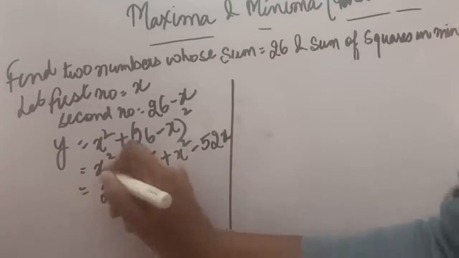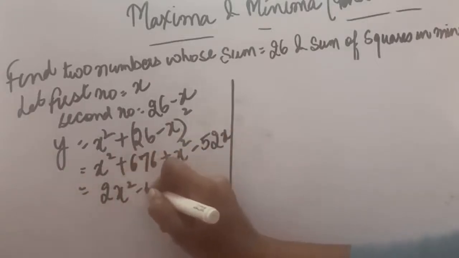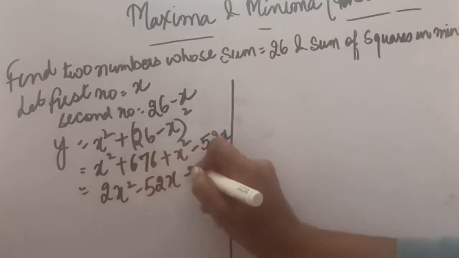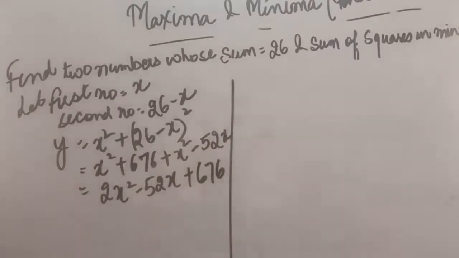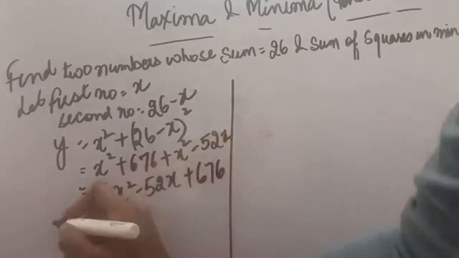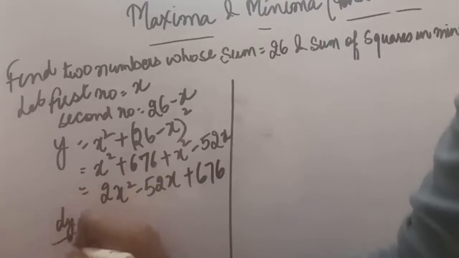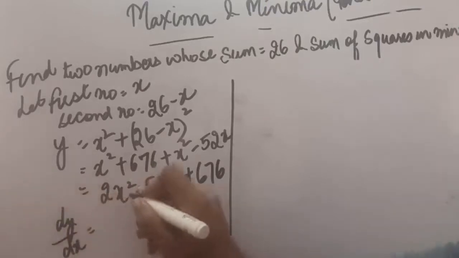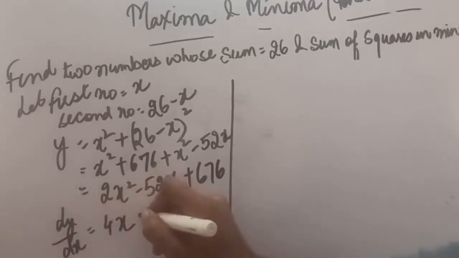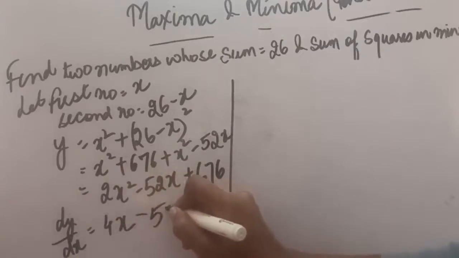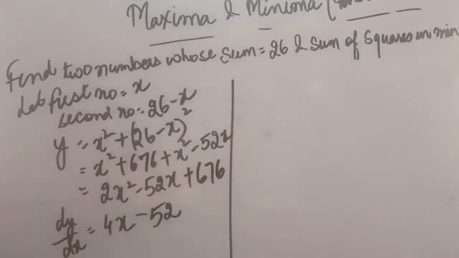Now we can add: x square plus x square will be 2x square minus 52x plus 676. Now moving ahead with the first method, we are required to take the derivative. The derivative of 2x square is 4x, minus 52.